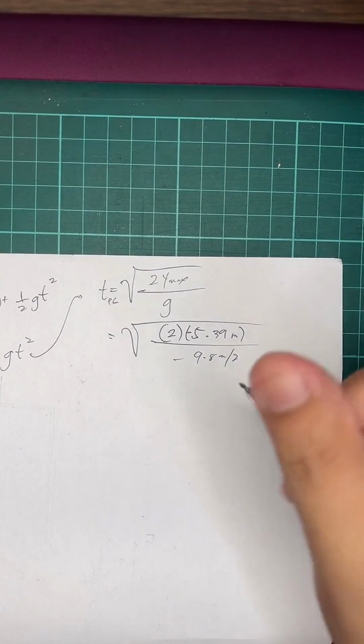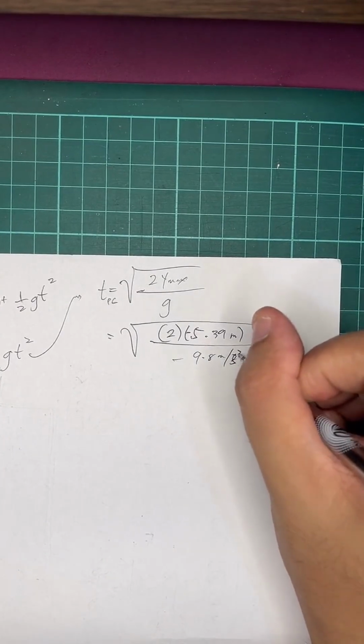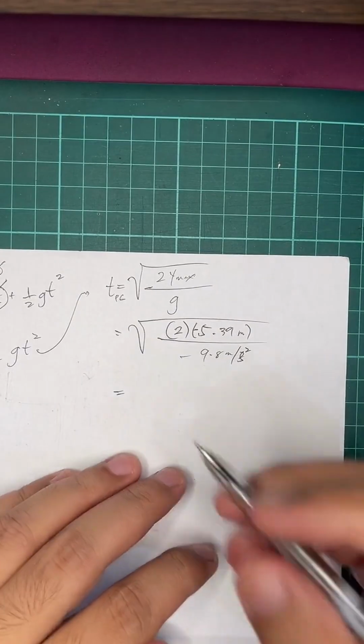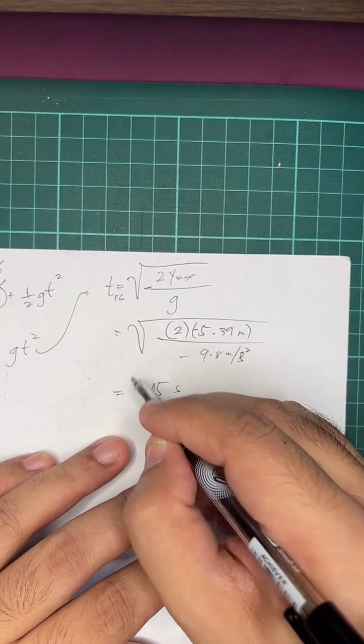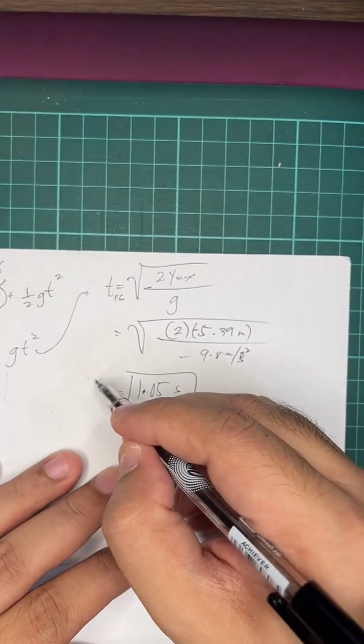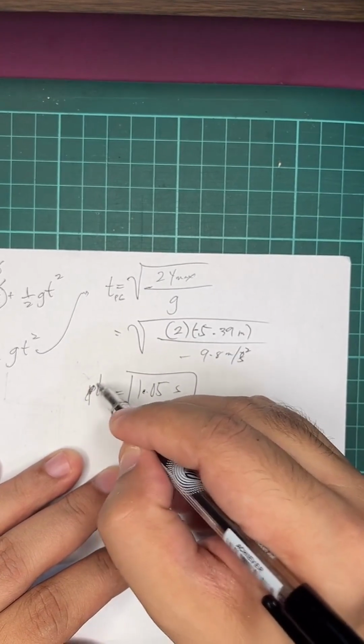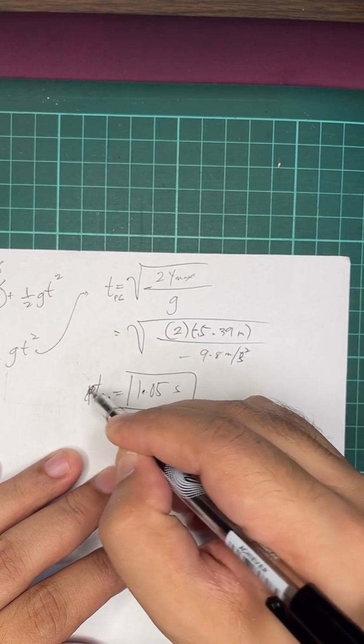So it should be negative. The answer is 1.05 seconds. And that is the time from peak to the ground.